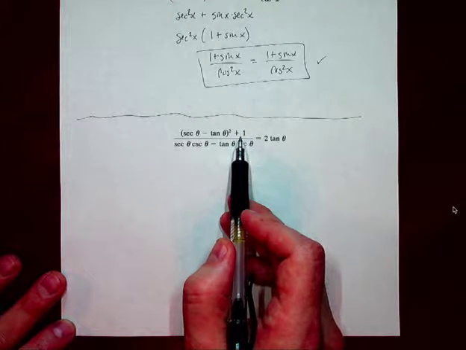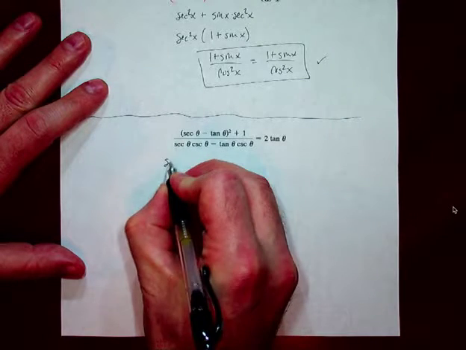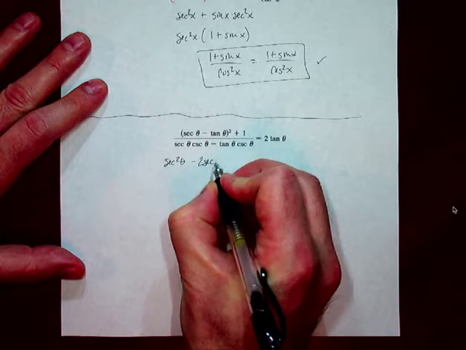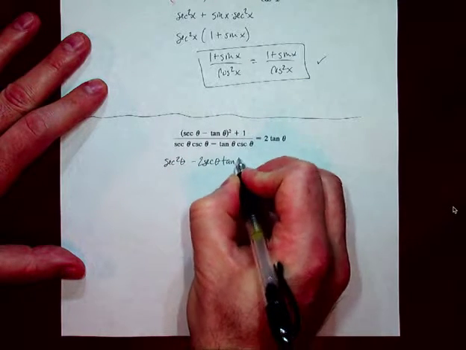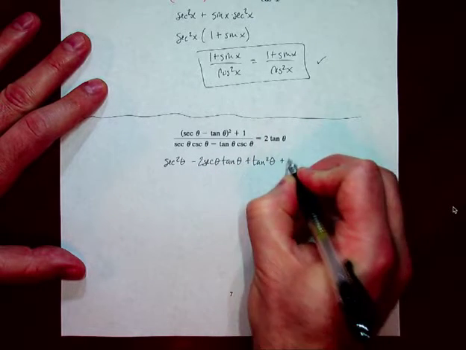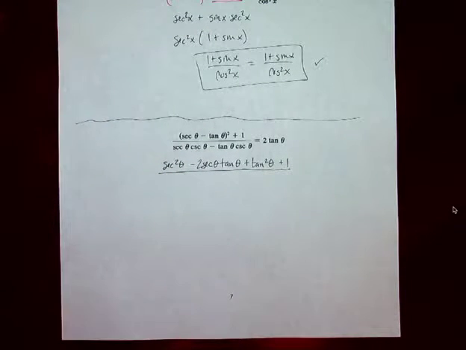And when you FOIL out this numerator, all of a sudden that tangent squared winds up right next to that 1, and that whole what the heck do I do with this gets answered really quickly.